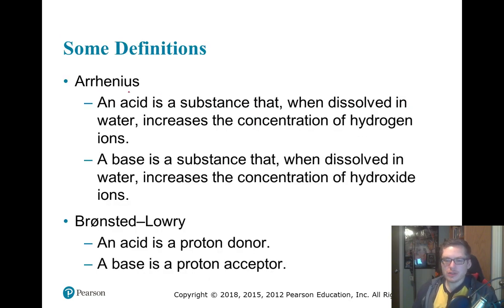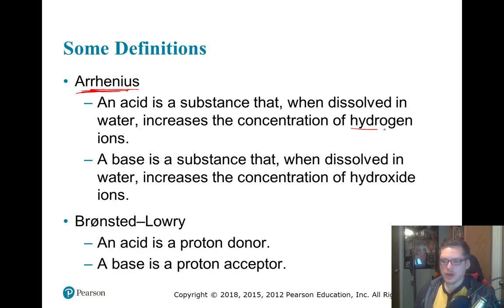So the very first definition that defined what an acid was, based on more than just its properties, was from a guy named Arrhenius. And this is the same Arrhenius that came up with the Arrhenius equation that we talked about when we talked about kinetics. Remember, his equation allowed us to use kinetics and the k value in order to find the activation energy of a reaction, right?